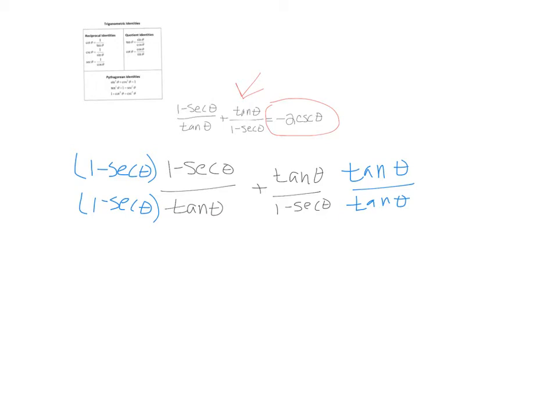I've got a binomial squared, so let's also write what that looks like. (a plus b) squared is a squared plus 2ab plus b squared. This would be your a, this would be your b.